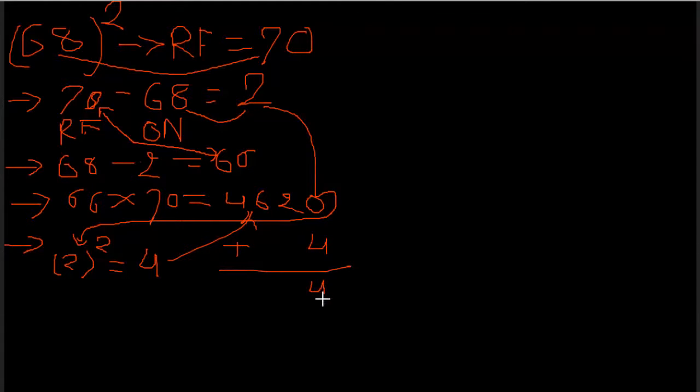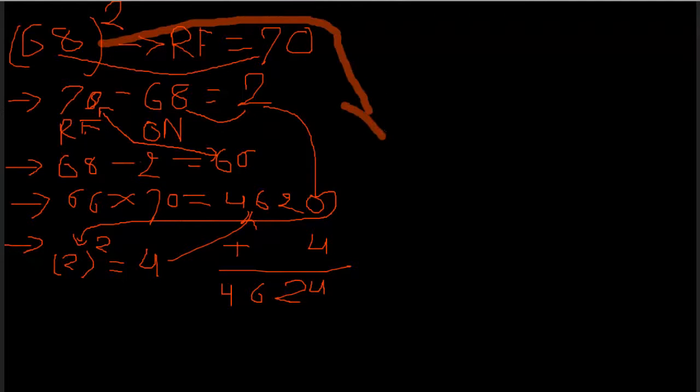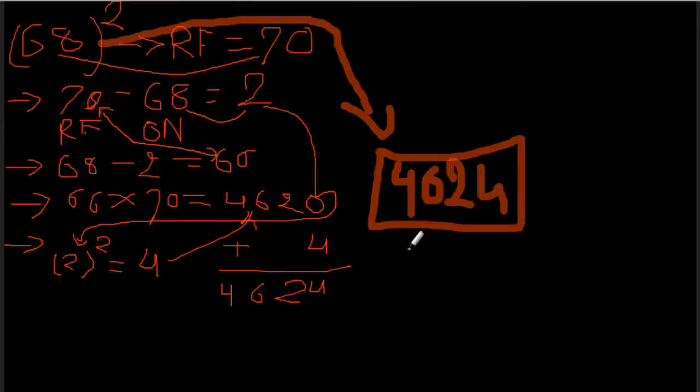So 4620 plus 4 gives us 4624. So our final answer, the square of 68, is 4624. See how easy it is to find the square of any number by using this simple shortcut trick.